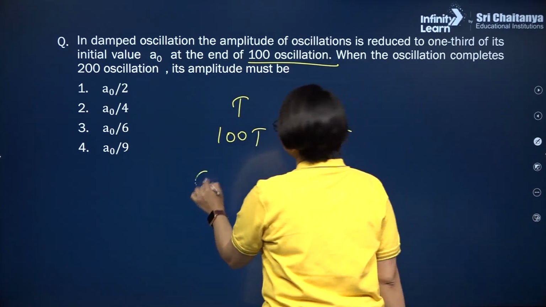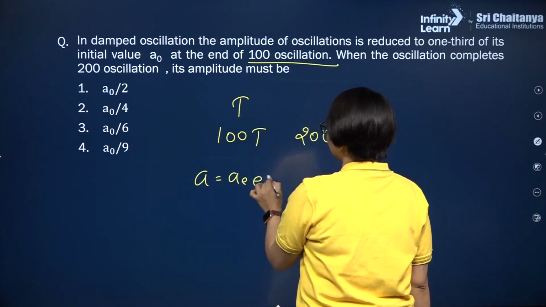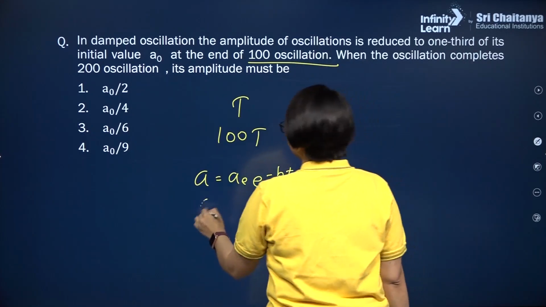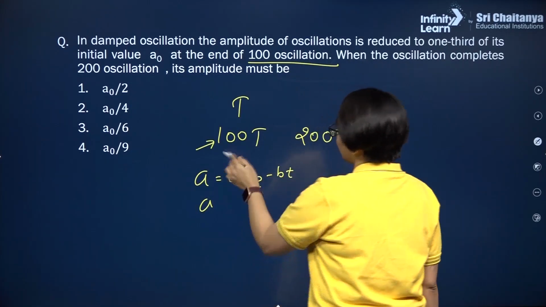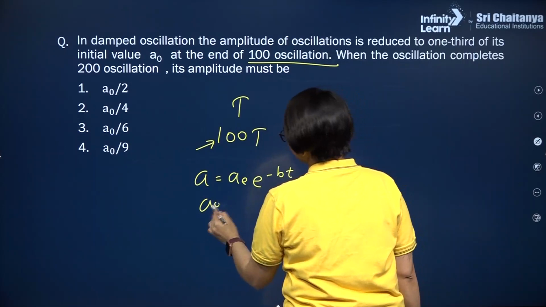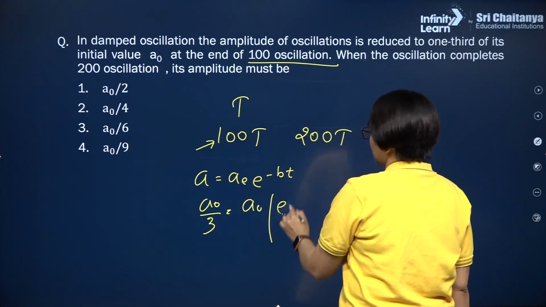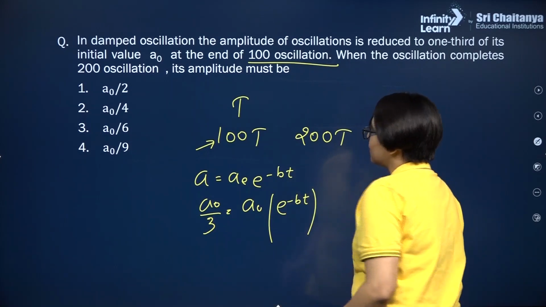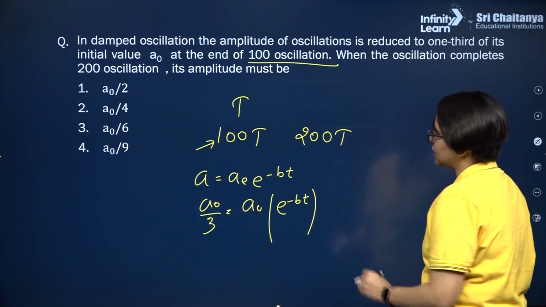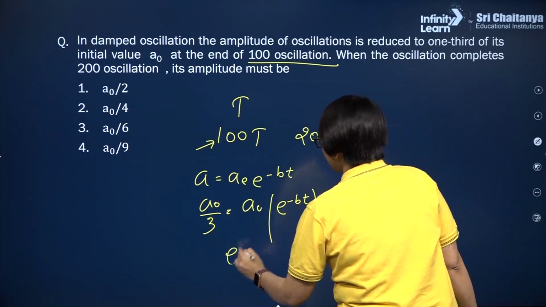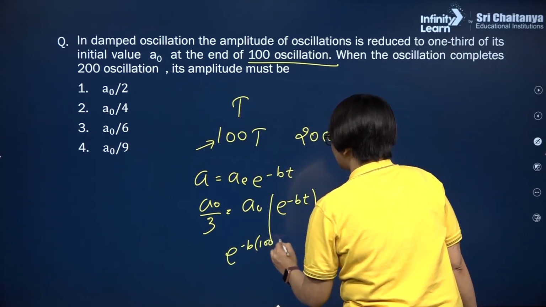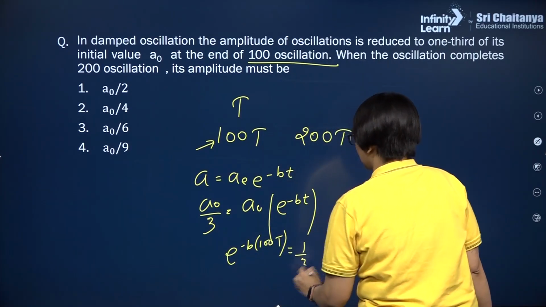So over here A is equal to A0 e^(-βt). So when time is 100t, the amplitude becomes 1/3 of its initial value, which is A0 by 3. So it is A0 times e^(-β·100t), so e^(-β·100t) will give you 1 by 3.